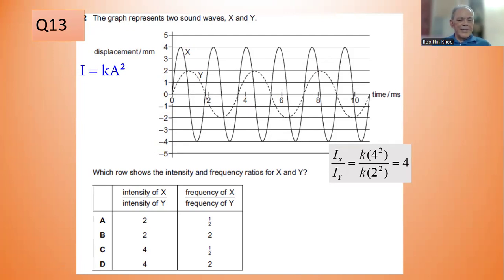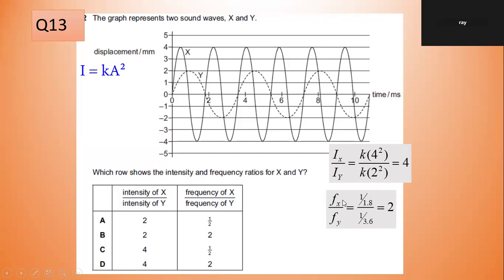Just use the intensity formula. I is Ka squared. So X is 4 millimeter. Don't need to change the unit because we are taking ratio. K4 squared, K2 squared. The answer is 4.